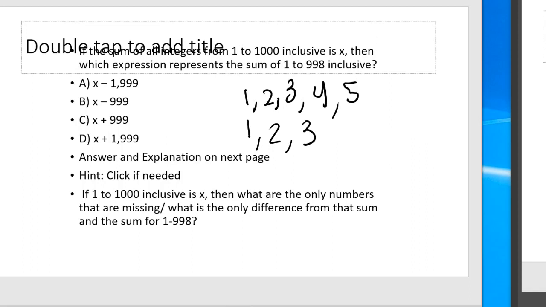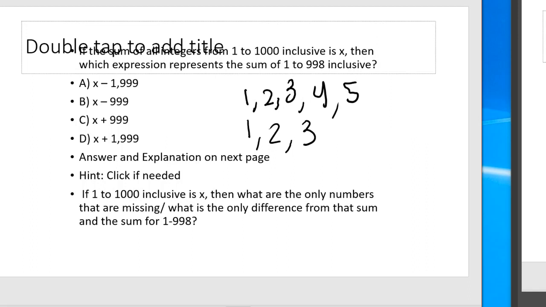So if that's equal to x, then what's this one going to be equal to? Because the 1, 2, and 3 are crossed out, right? So that's going to be x. Well, what's left?